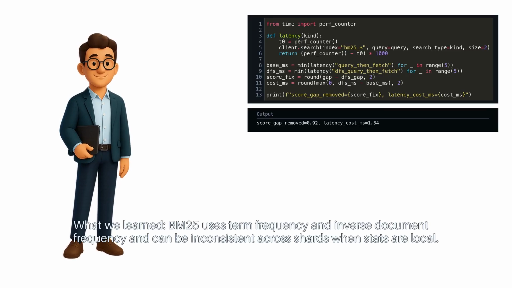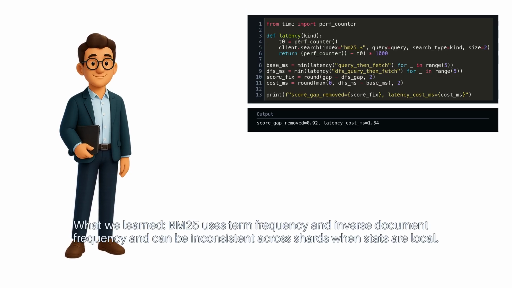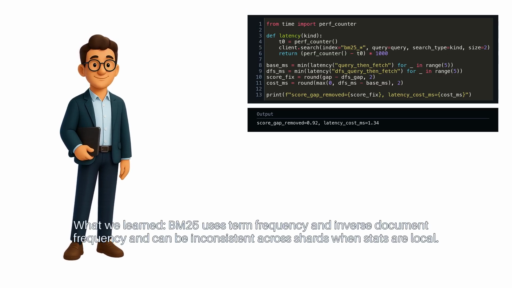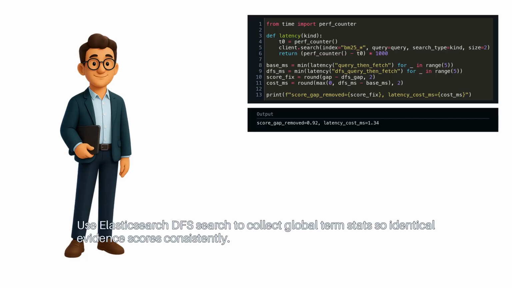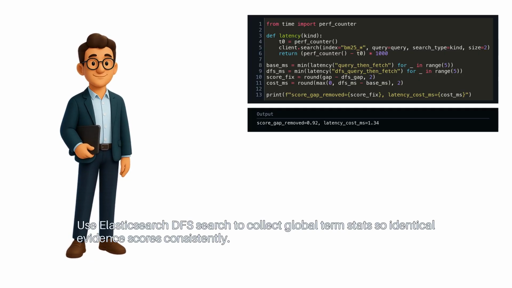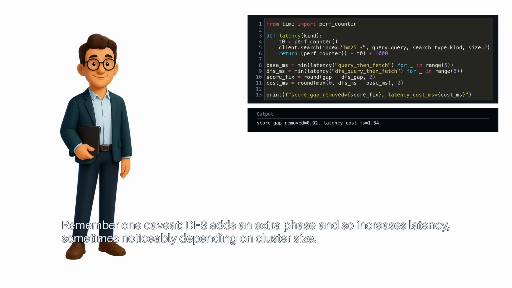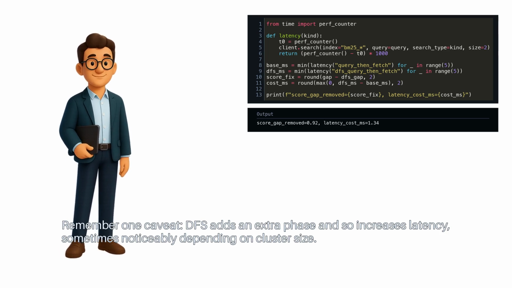What we learned: BM25 uses term frequency and inverse document frequency and can be inconsistent across shards when stats are local. Use Elasticsearch DFS search to collect global term stats, so identical evidence scores consistently. Remember one caveat: DFS adds an extra phase, and so increases latency, sometimes noticeably depending on cluster size.